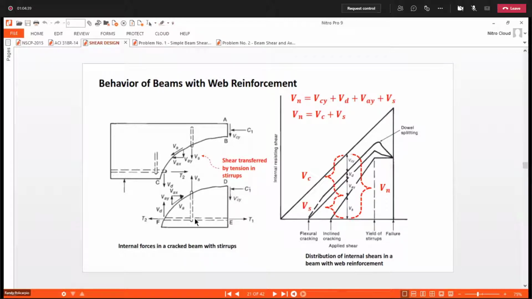So it's actually a tensile force designated by VS.